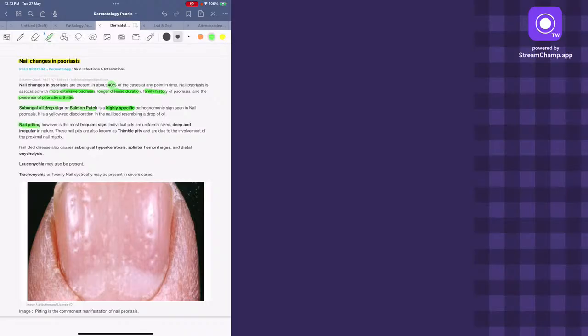Then we have nail pitting, which is the most frequent sign. In psoriasis, oil droplet is highly specific and nail pitting is most frequent.